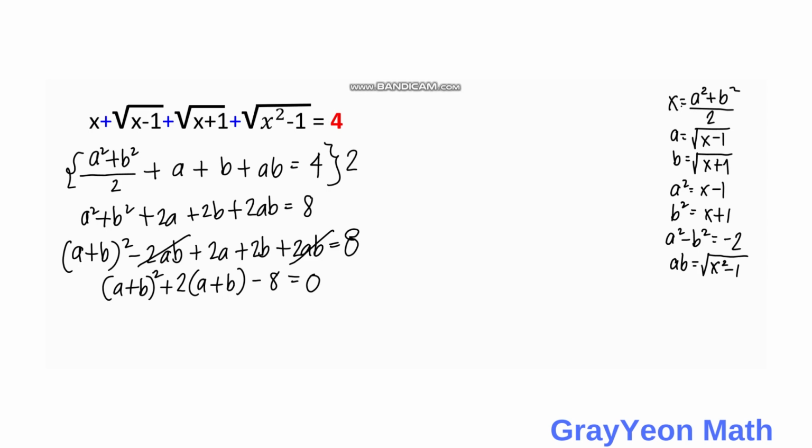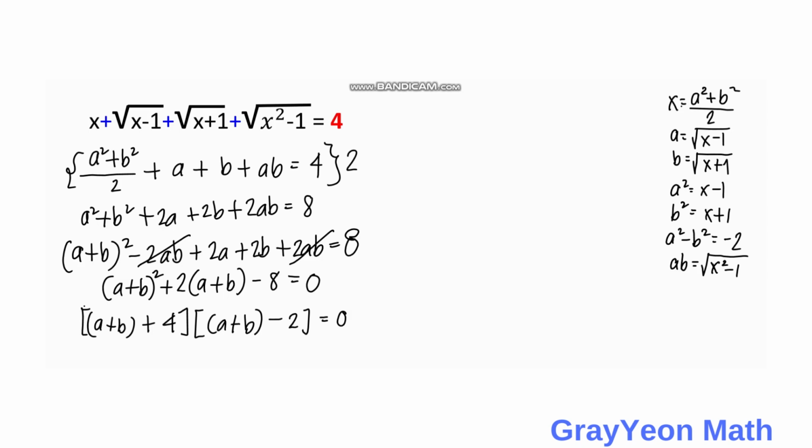Okay, so next is we solve this resulting quadratic equation. Just imagine that a plus b is a single term and we factor out this quadratic equation. And with factoring, we can see that (a plus b) plus 4 times (a plus b) minus 2 are the factors of this quadratic equation.